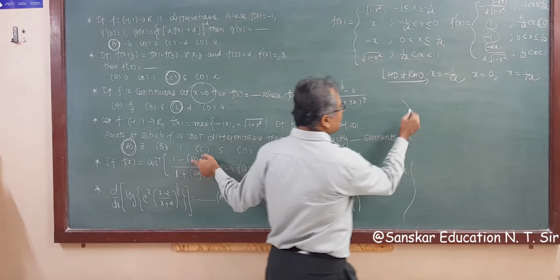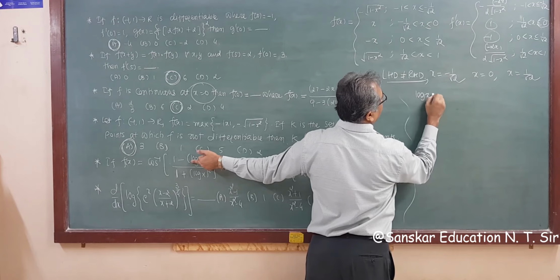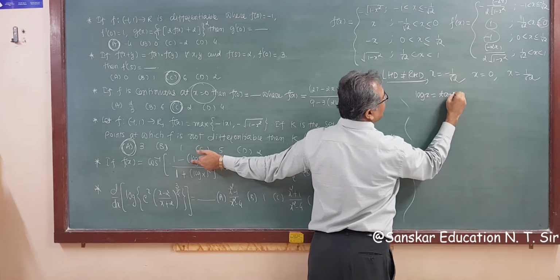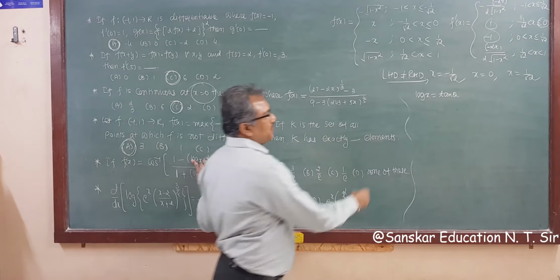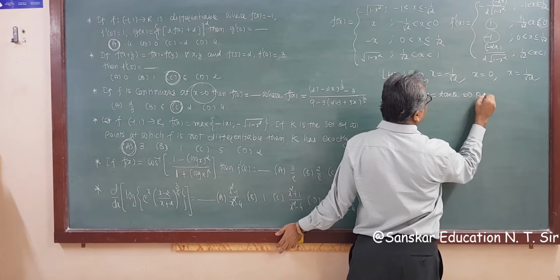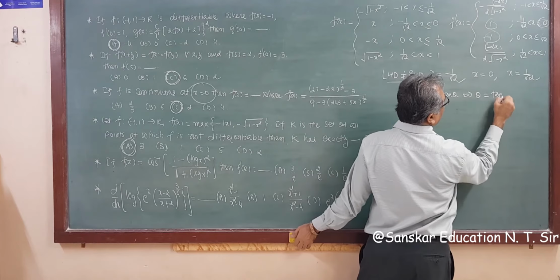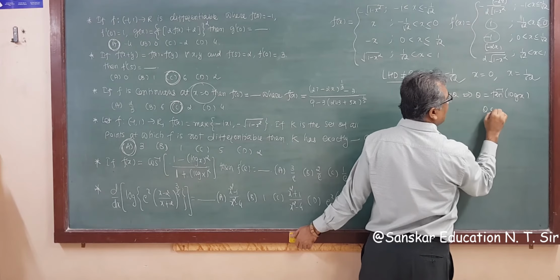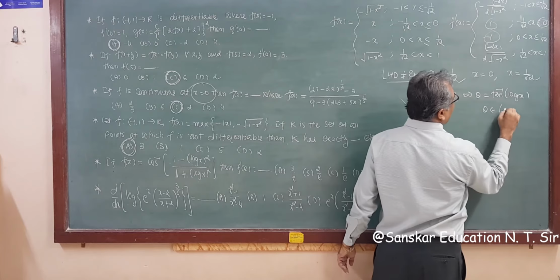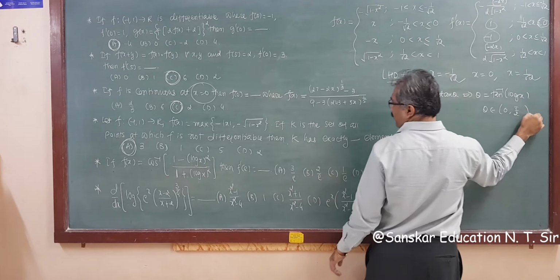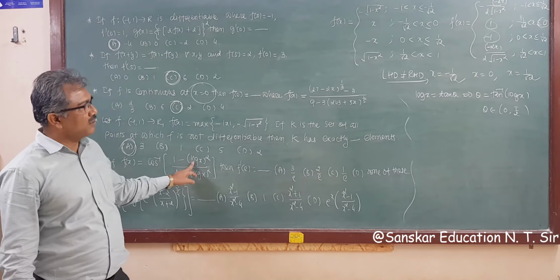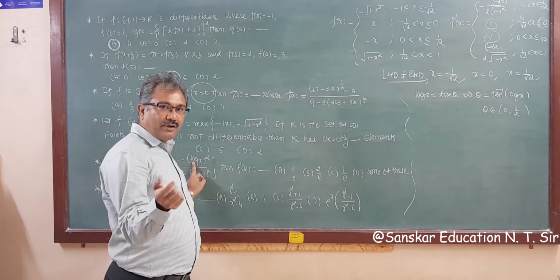So taking log x is equal to t, this implies log x is equal to tan theta, so theta is equal to tan inverse log x, and theta belongs to 0 to pi by 2, because we have to take positive values, otherwise log is not defined for negative values.